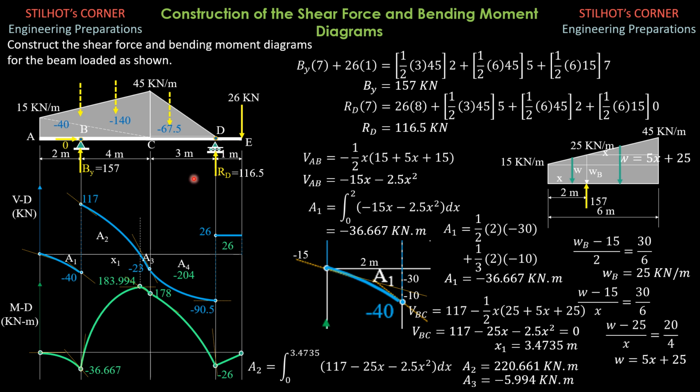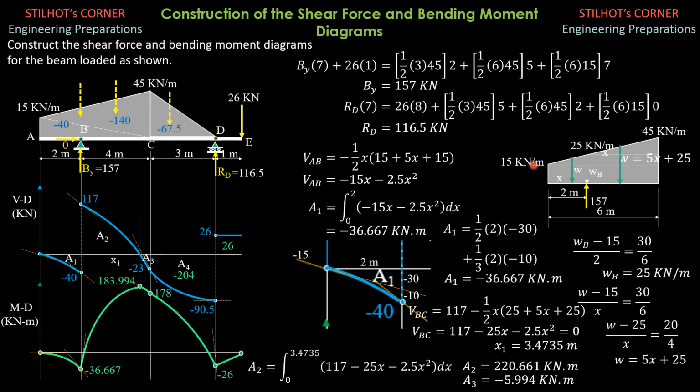So next is to compute this area in the preparation of the construction of the shear force diagram. So this is WB, denoted by WB. This is the details. So we have a triangle here. The height of this triangle is WB minus 15.